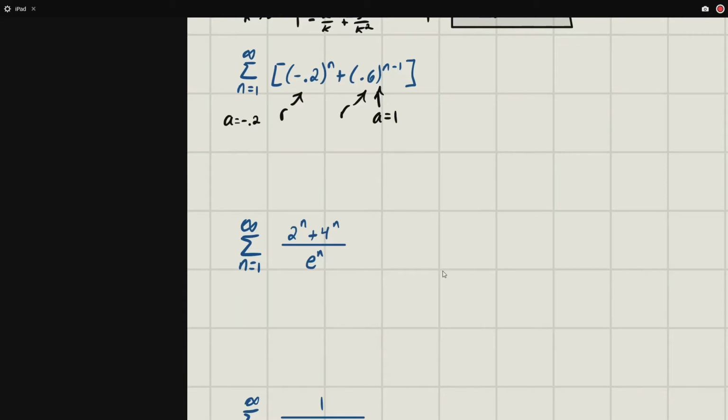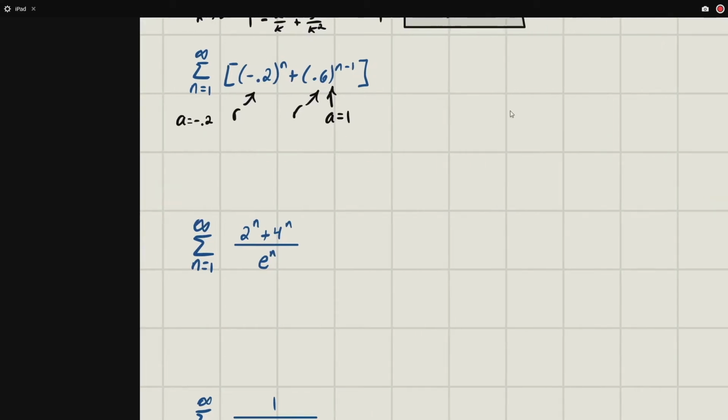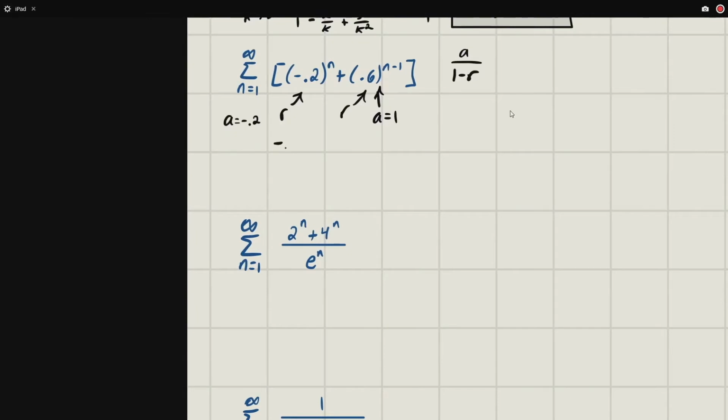And then we know from the limit laws, theorem 8, if you're following along in class, that we can just do these individually and add them together. So let's go ahead and do that. Recall that for the geometric series, it's a over 1 minus r is the sum. So we put negative 0.2 over 1 minus negative 0.2 plus, courtesy of theorem 8, we've got a is 1 over 1 minus 0.6.